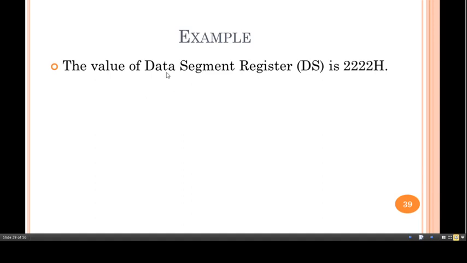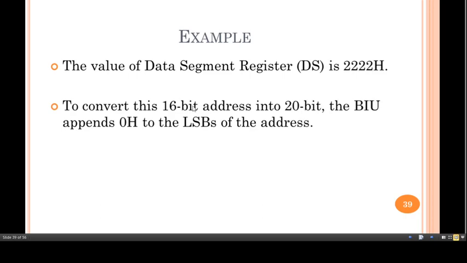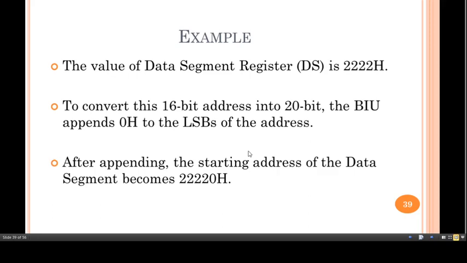Let's consider the data segment register has a value 2222H. It is 16 bits. Now to convert this 16-bit address into 20-bit, what does the BIU do? The BIU appends 0H to the LSB of the address, which means a 0 is added by the bus interface unit.